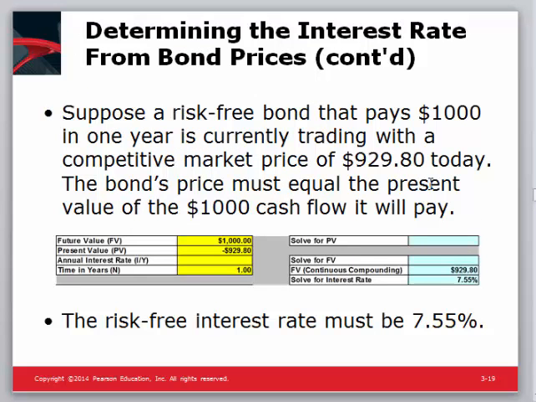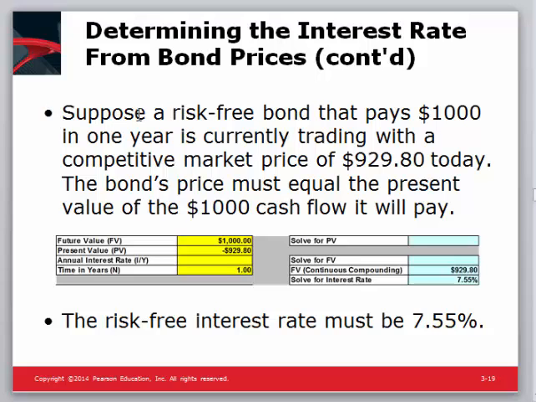So let's go to another example. We have a risk-free bond that pays $1,000 in 1 year. It's currently trading for $929.80. The bond's price must equal the present value of the $1,000 it is going to pay. So what is the risk-free rate of return on this particular kind of investment?